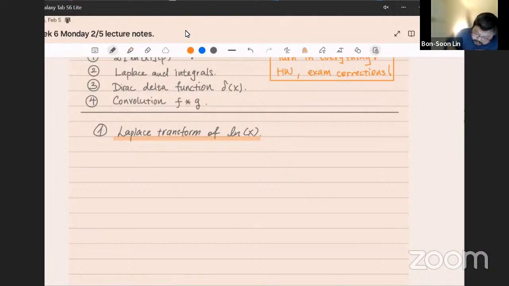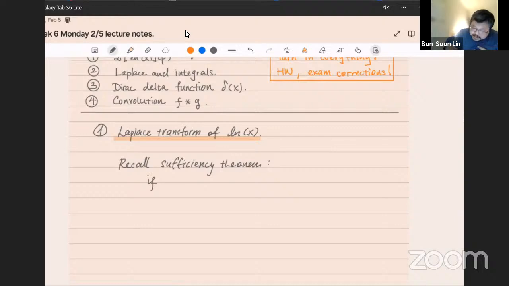So let's just recall what that says. Recall the sufficiency theorem, which says the following.